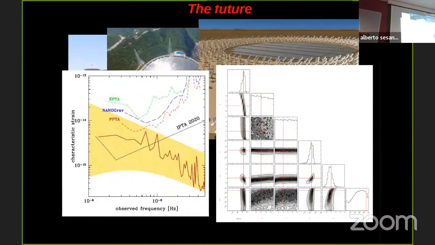So we are sort of here right now, and with SKA, we'll go down more than an order of magnitude and probe the whole signal, see individual sources if they're there, and of course, do amazing science with it, right?